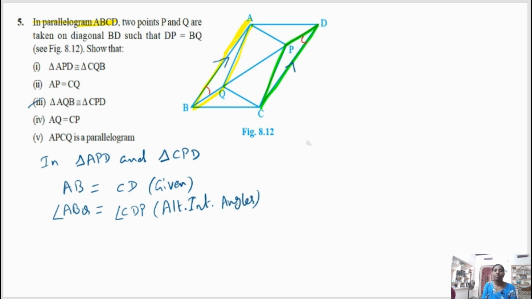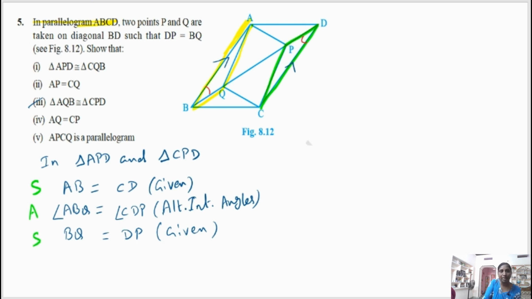Okay. So, one more thing, we can write here BQ is equal to DP. Why? Because it is given in the question. So, we should write the reason, given. Now you can see here that we have a corresponding side equal, a corresponding angle equal, a corresponding side equal.